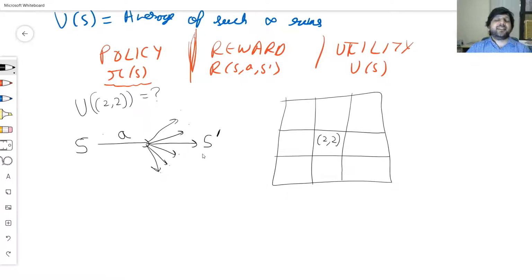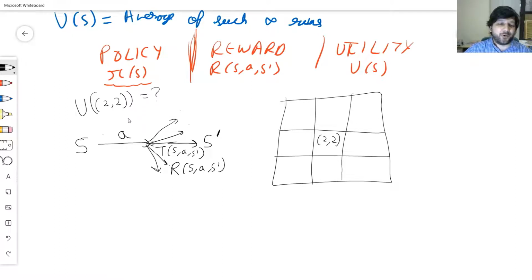But in general, I reach a state S dash, and the probability of reaching the state S dash is given as T(S, A, S dash), and the reward is given as R(S, A, S dash).